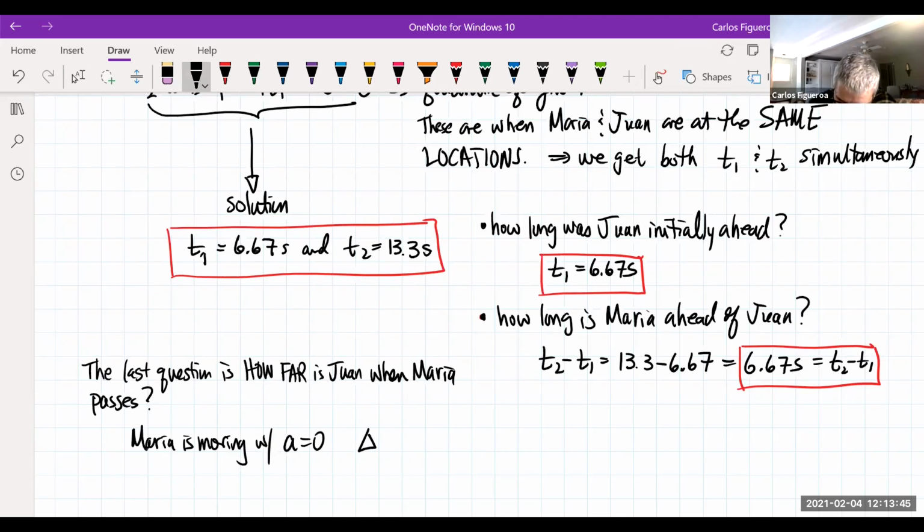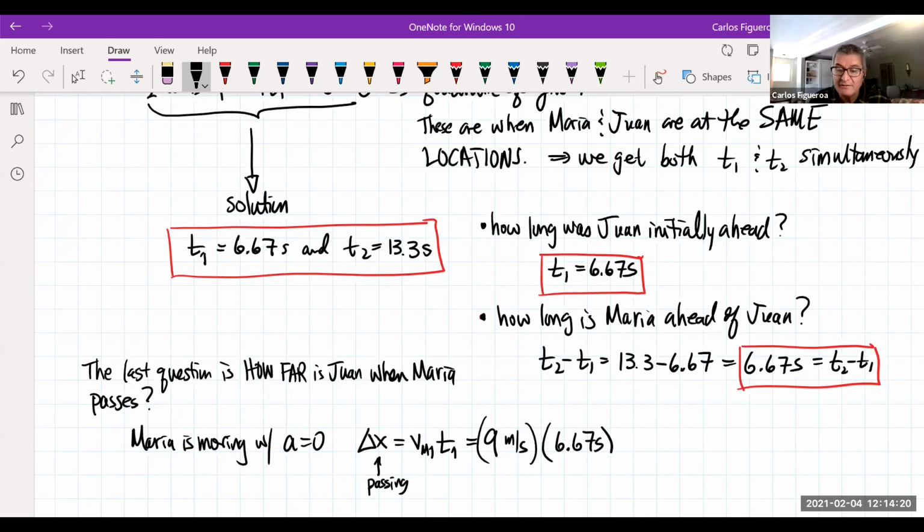So there's only one possible equation that you could use. That equation has to be the distance, the velocity of Maria times her time. So this is the so-called passing distance. I know her speed, which is 9 meters per second, and I know how long, which is 6.67 seconds.